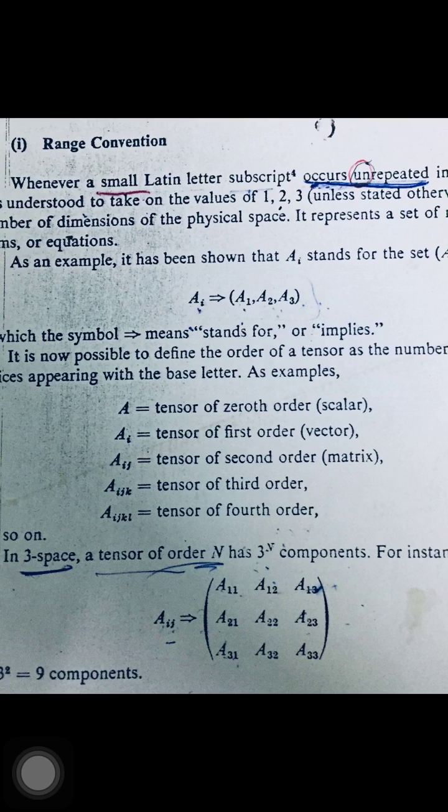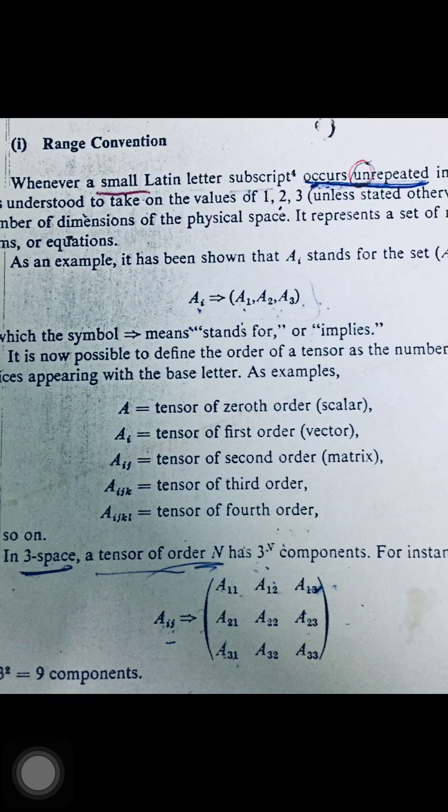So 3 to the power 2 is 9 components. So in Aij we get 9 components, that are A11, A12, A13, A21, A22, A23, A31, A32, A33. So these are the 9 components. So in case of range convention, we need subscripts unrepeated.